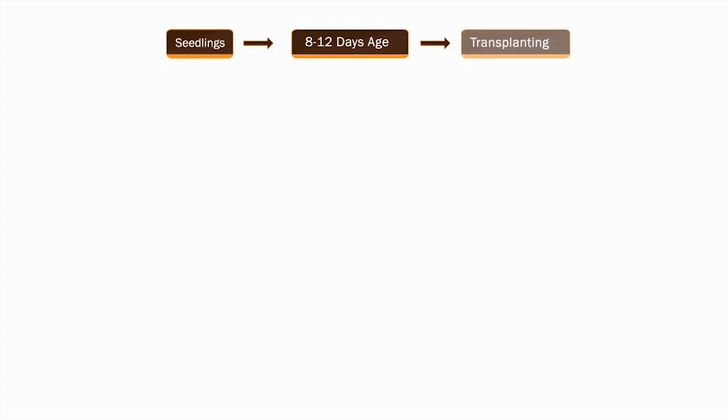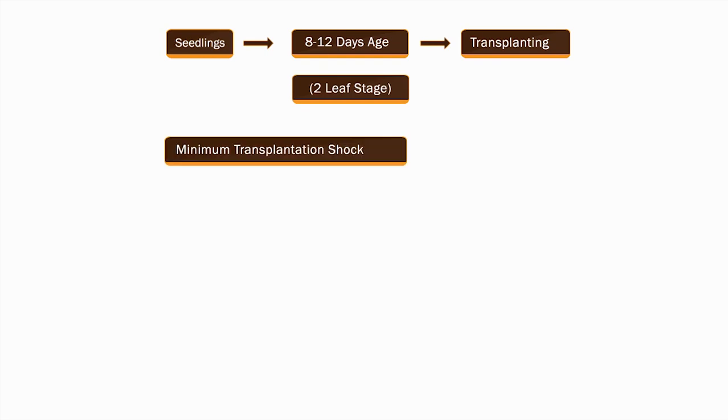In SRI cultivation, we use seedlings of 8 to 12 days age for transplanting. Seedlings of 10 to 12 days are at 2-leaf stage. While transplanting, we need to be careful to minimize the transplantation shock.